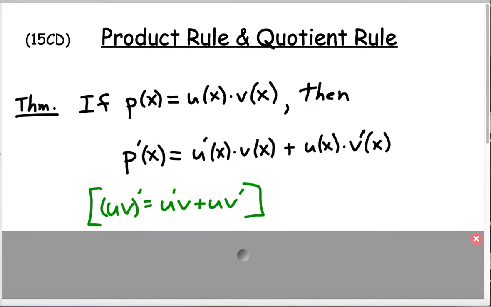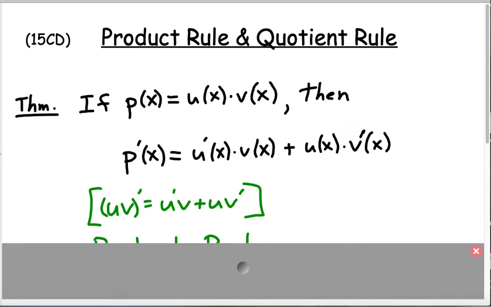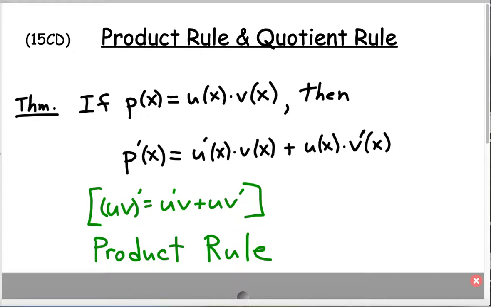A shorter way of writing that would be p prime of x equals u prime v plus u v prime. So in other words, when you have the product of two functions and you want the derivative, you're going to take the derivative of the first one times the second plus the first function times the derivative of the second. This is referred to as the product rule.